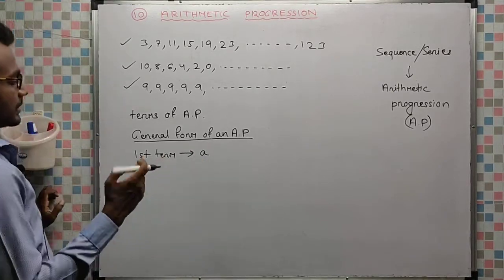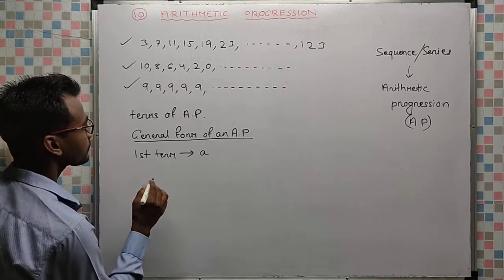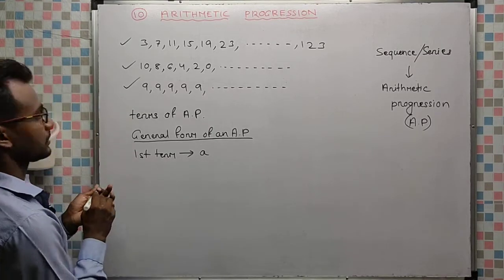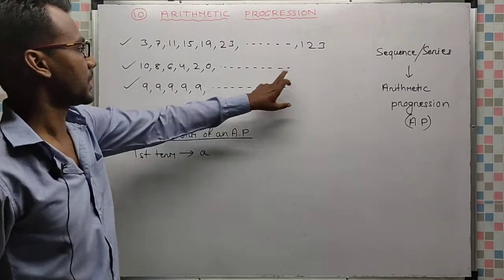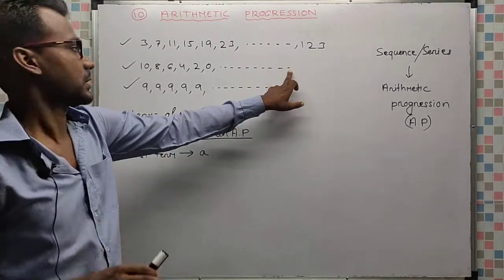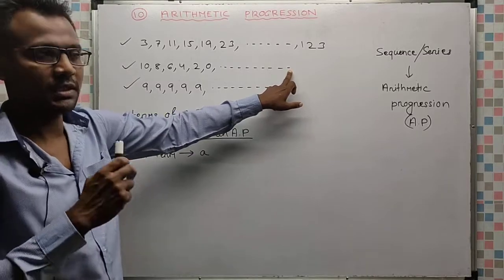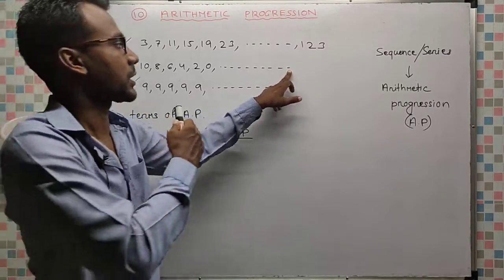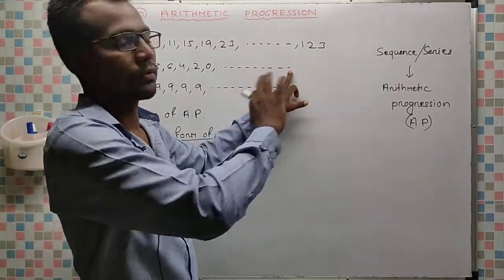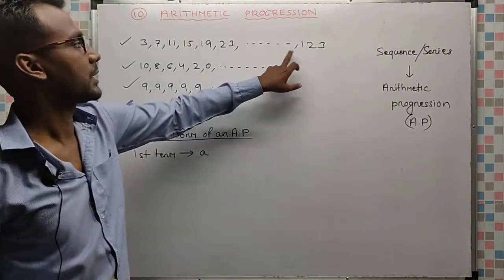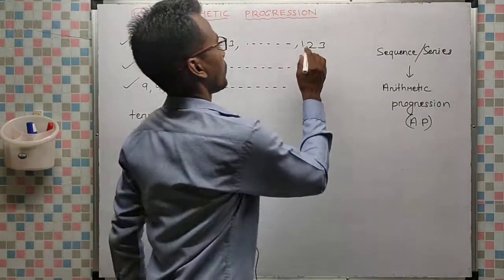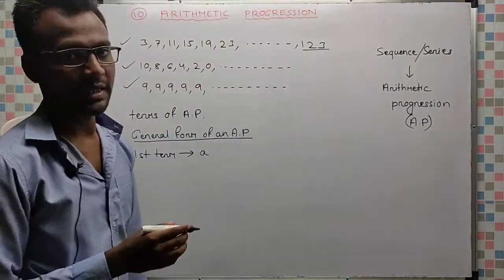Okay. Then see this AP. In this AP, there is no last term. Means it is an infinite AP. It goes on continuing. I cannot find the last term. This AP also there is no last term. But see this AP, there is a last term 123. Means it is a finite AP.